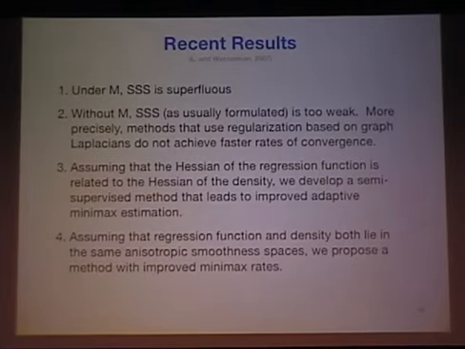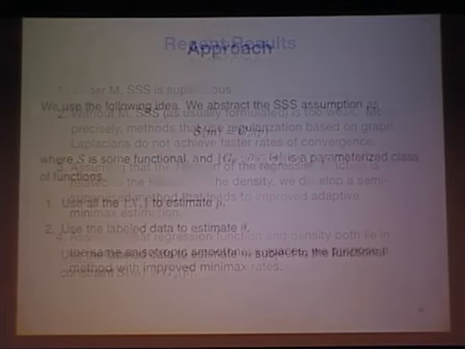The second result, which I'll quote more precisely in a minute, is that without the manifold assumption, the semi-supervised smoothness assumption is too weak. More precisely, if you use one of the methods I just described, using regularization based on graph Laplacians, you do not get faster rates of convergence. In order to get faster rates of convergence, you need to make other assumptions, and I'll describe some of the assumptions that we make.